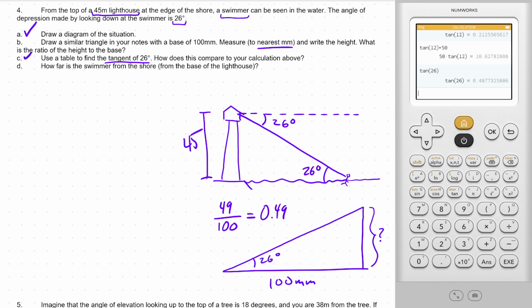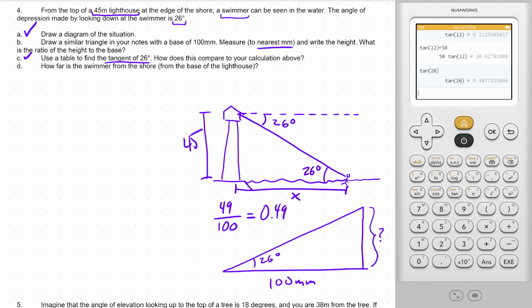So we have the tangent of 26 degrees, and now we can find out how far the swimmer is from the shore, or from the base of the lighthouse. So that is trying to find this distance right here. Okay, so I'll call that x.